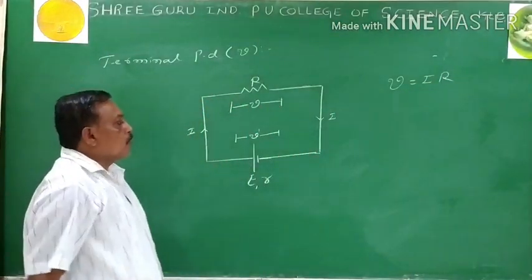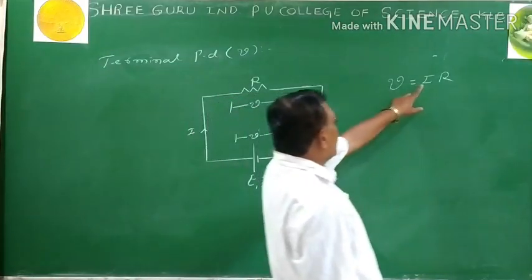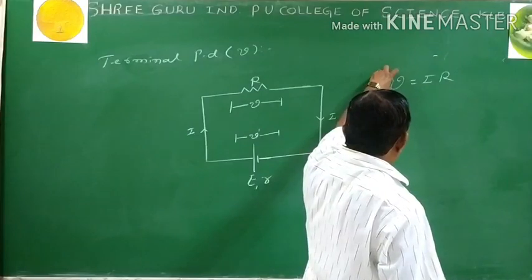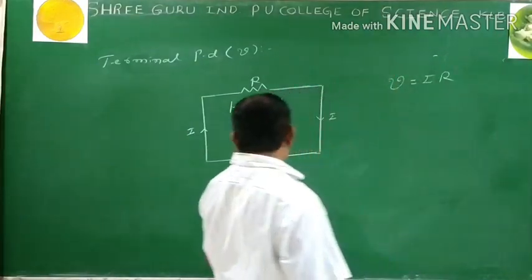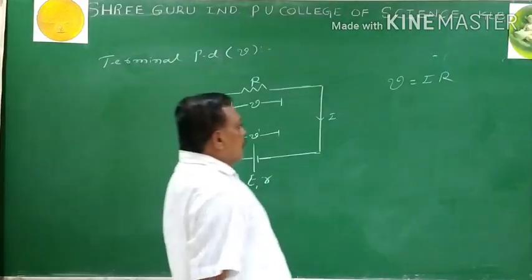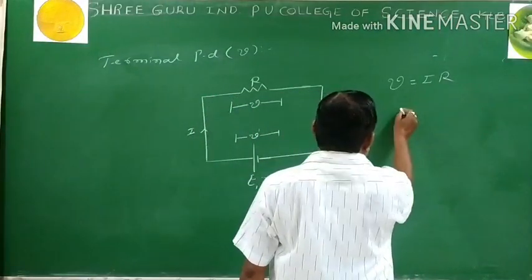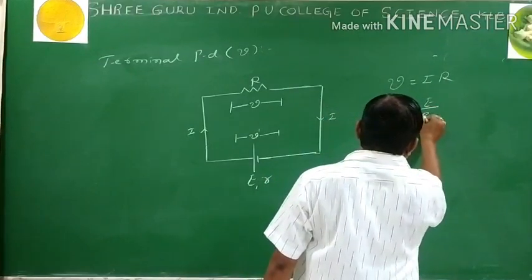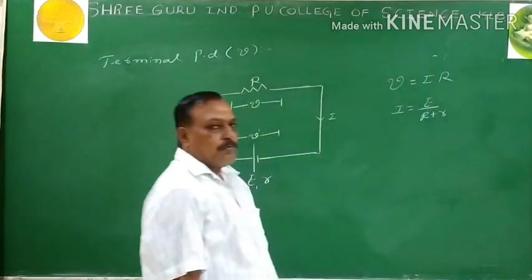To maintain the current in the circuit, to provide the necessary potential difference across the ends of the conductor, we need the EMF. By using the concept of EMF, the total current I equals total EMF divided by total resistance. Already we have proved that.